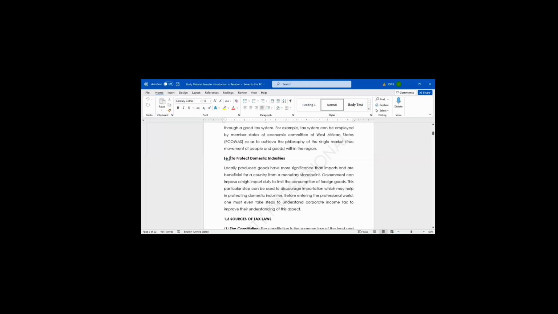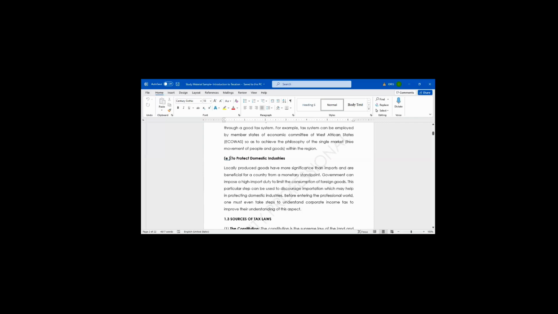Because government is realizing a lot of revenue, a lot of tax from such goods, from the producers of such goods, government cannot ban the good. They will implement a policy that can be used to discourage the consumption of the good.